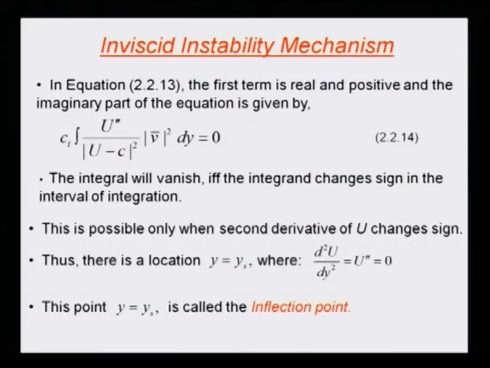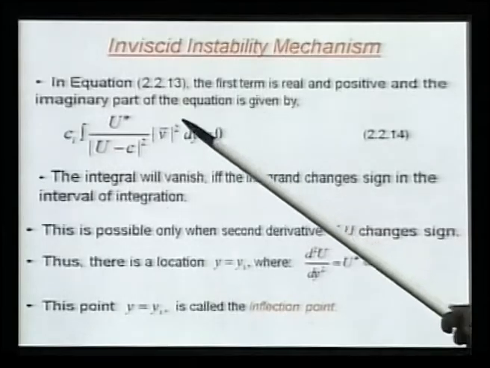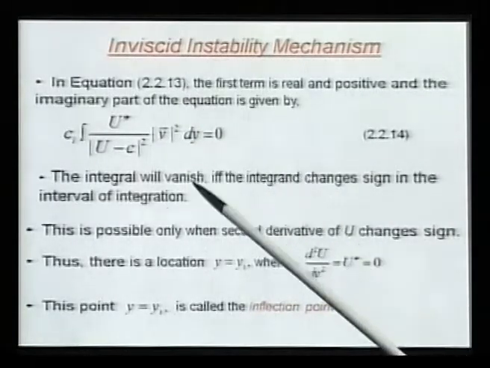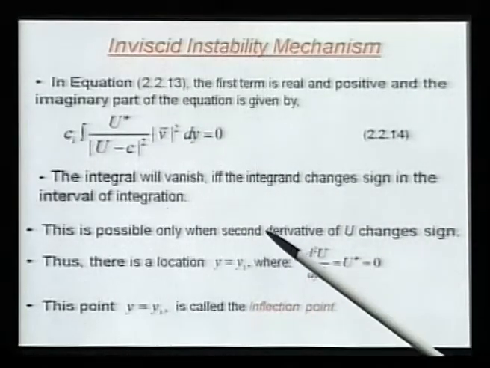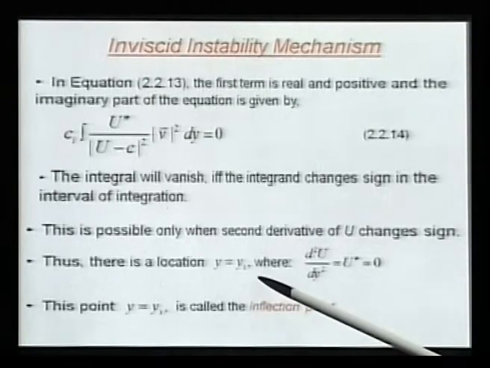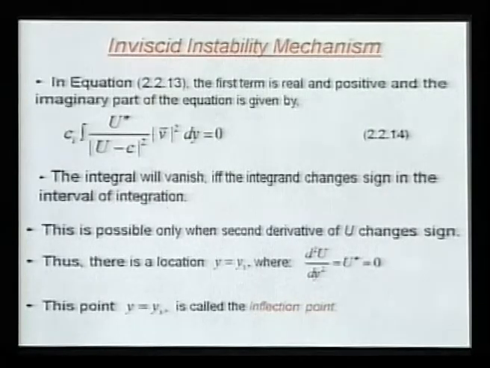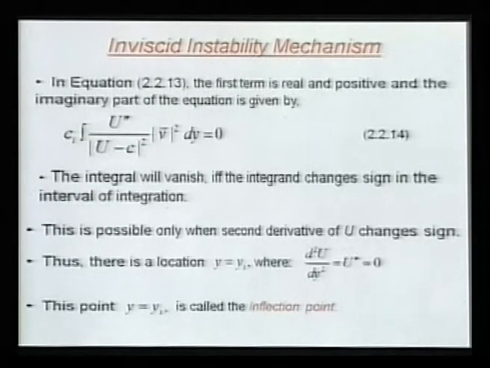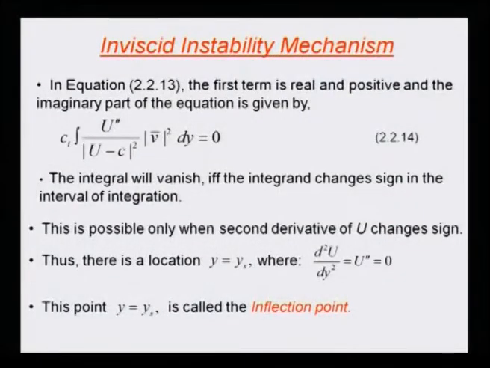So that is what we are saying, that this integral will vanish when the integrand changes sign in the interval of integration, and this is possible only when the second derivative of u changes sign. Thus, there is a location y equal to y s, I will call that, where the second derivative equals 0. This point is called the inflection point.